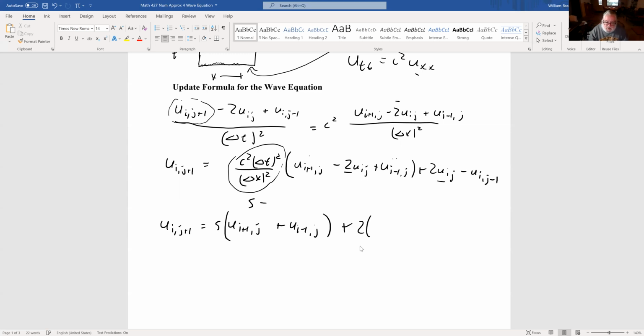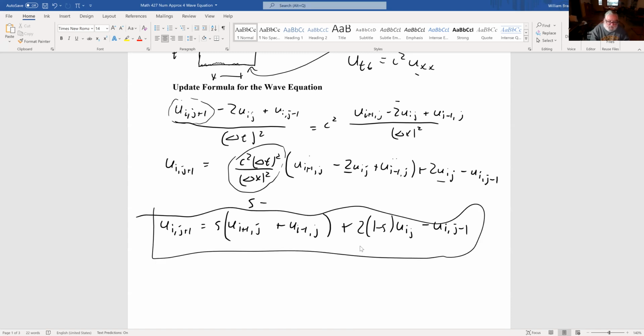So that's 2 times 1 minus s u i j minus u i, j minus 1. So there it is. There's our update formula for the wave equation.